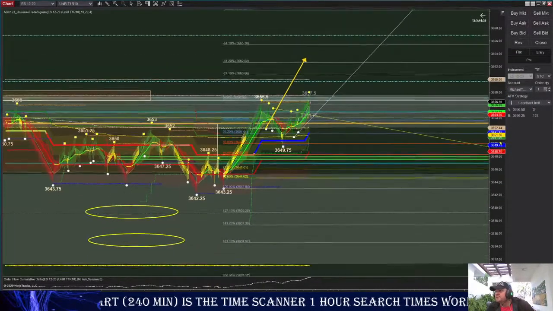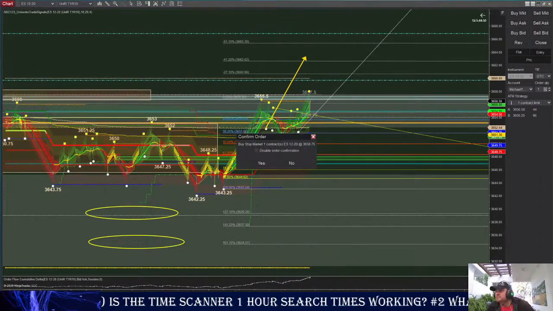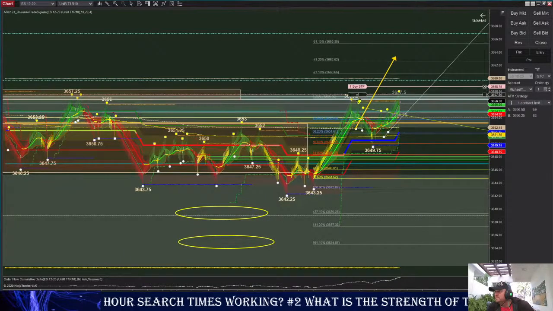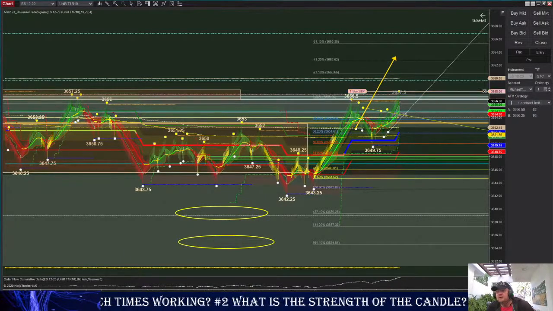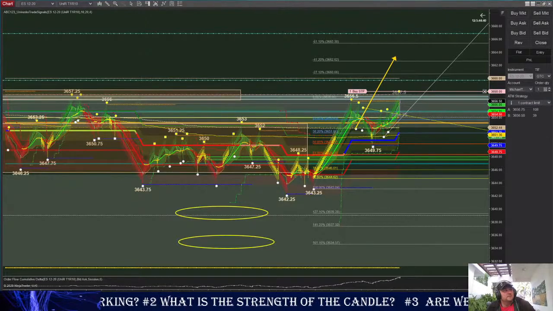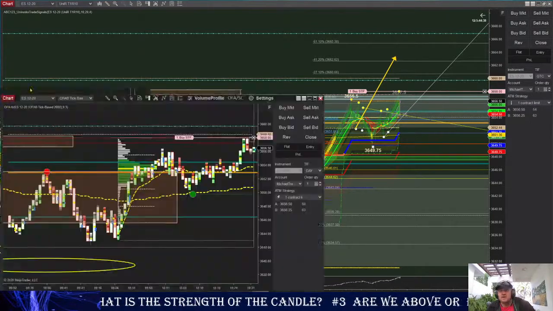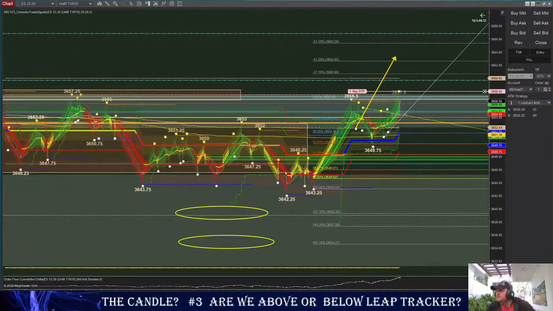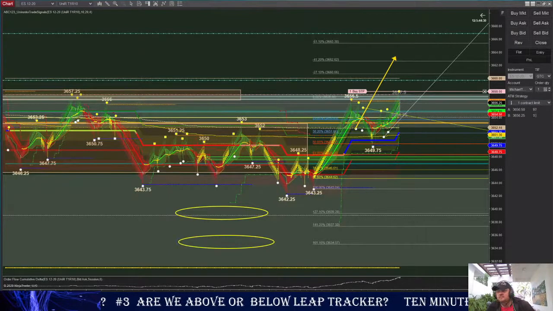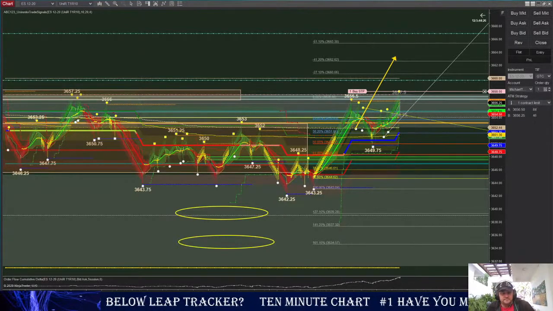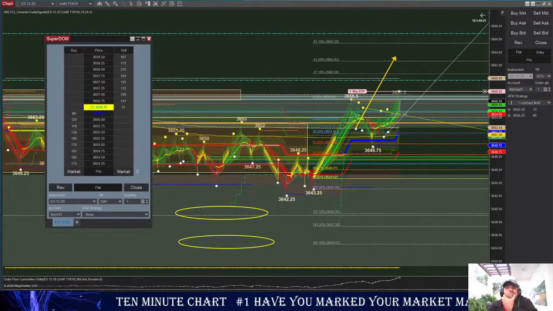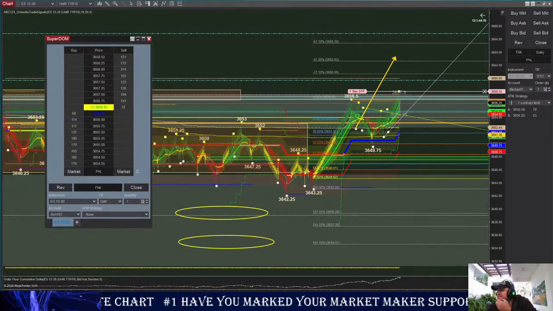Actually, what I can do. Are you talking this one? 58 is 215.